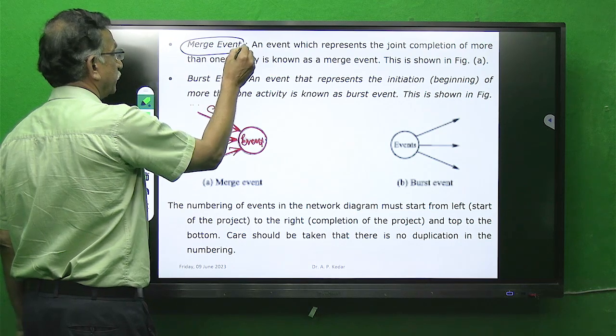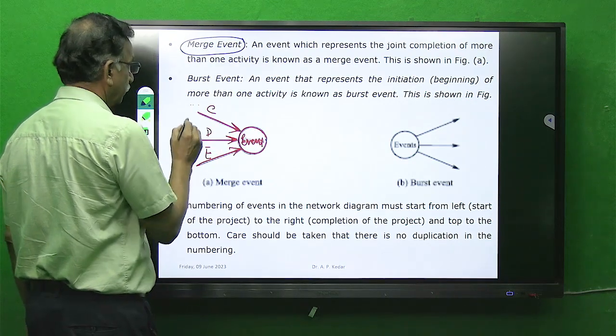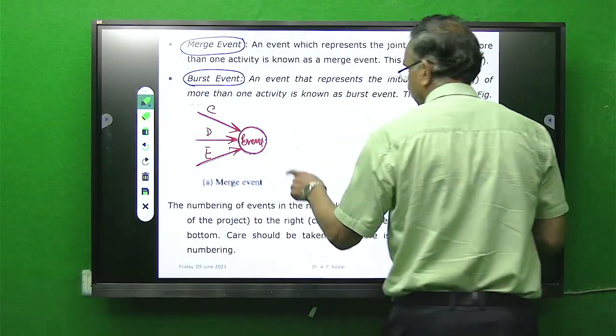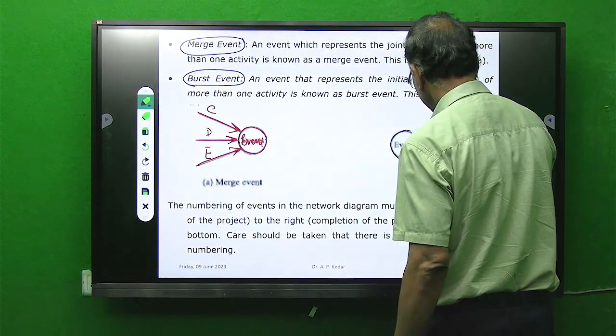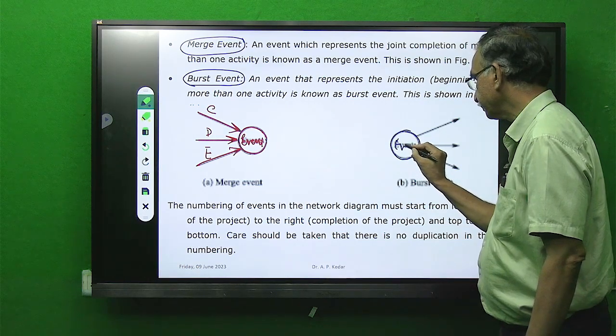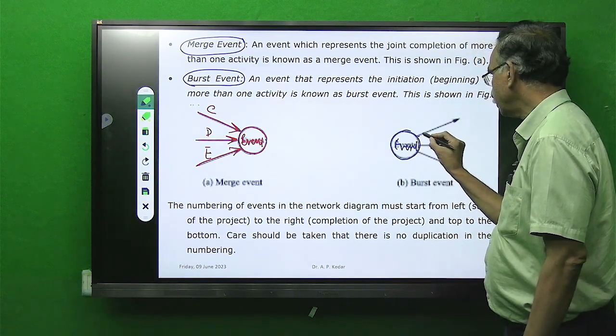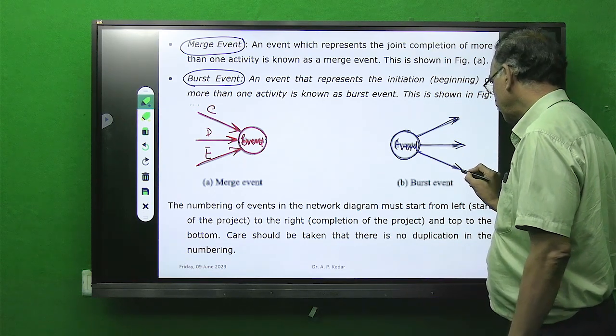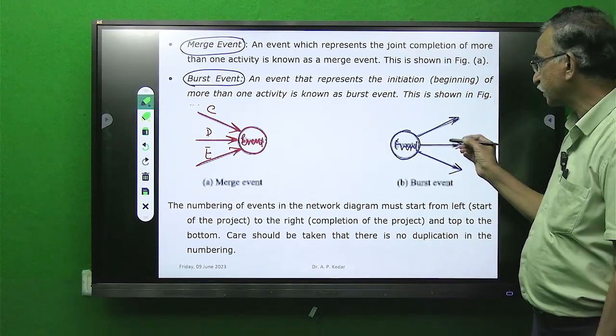Now, the other is the burst event. See here, from the same event, 3 activities are shown.